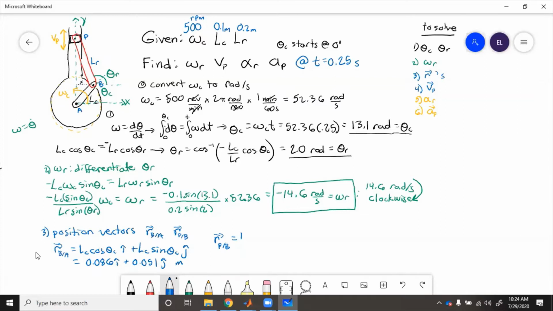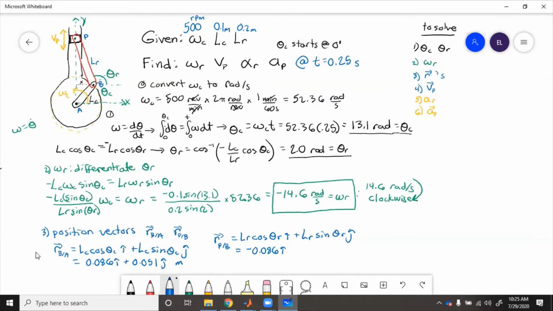So that's going to be LR cos theta R in the I plus LR sine theta R in the J. And remember, we're not calculating this one all the way from the origin because this is the relative, P with respect to B. So we start at B, we go to P. So that comes out to be negative 0.086 in the I, which based on our reality check, we know that if you go forward to get from A to B, then you go backwards to get from B to P by that same distance.